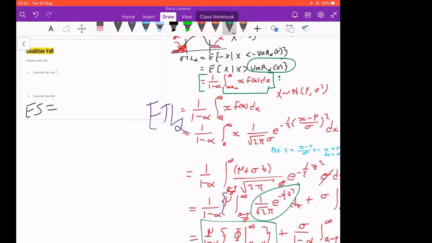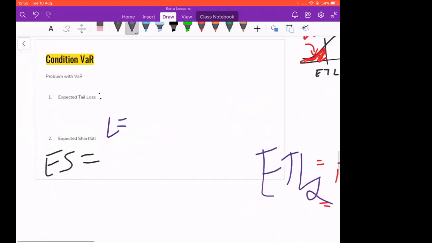So the best thing you can do is to find your expected tail loss. For your expected tail loss, you can find conditions. You can have your own benchmark L instead of a benchmark which is VaR, because if your benchmark is VaR, you will have to find that value of VaR before you can find the benchmark.